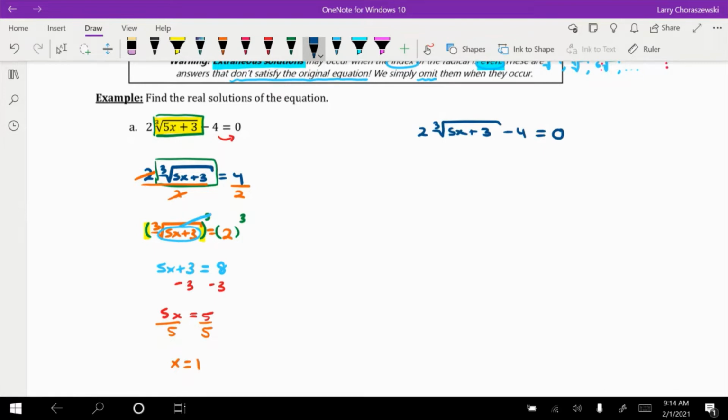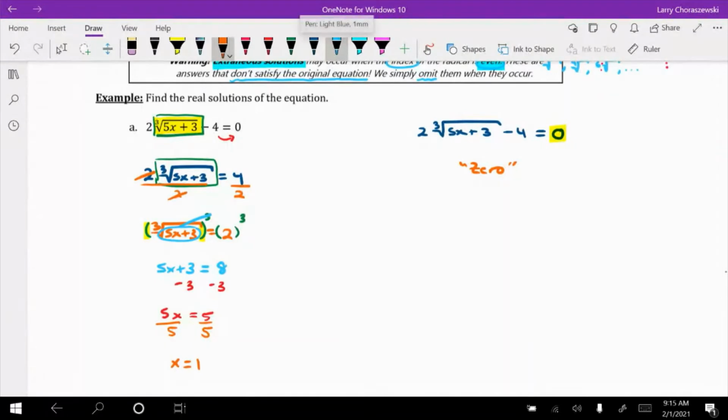Now, based on how the equation is written, which technique do you think we might want to go after? Do we want to use the intersect feature or the zero feature? Yeah, we might want to use the zero feature since we have the right-hand side equaling 0. So if we do that, let me just make a note underneath this that we're going to use the zero feature.